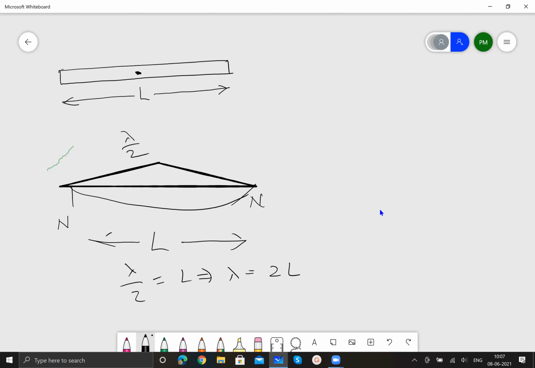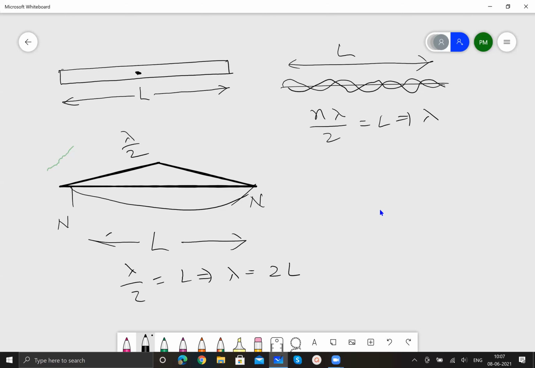Suppose n number of waves are formed, then the total length is L. So n times lambda by 2 is equal to L. Therefore, lambda becomes 2L by n, assuming that n waves are formed. n can take the values 1, 2, 3, 4, etc.